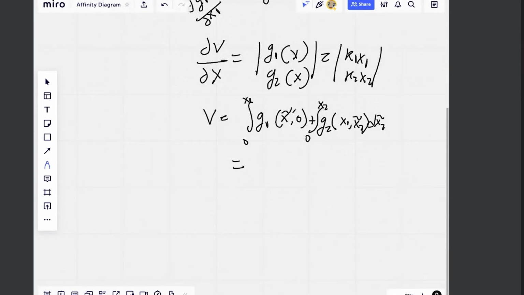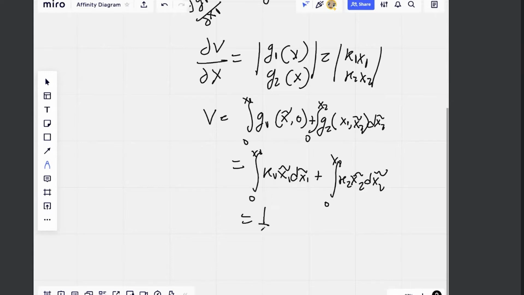Which on simplifying, substituting the values up here, we get the integral from 0 to x1 of k1 x1 dx1 plus the integral from 0 to x2 of k2 x2 dx2. Now we can just integrate and get a square divided by 2.